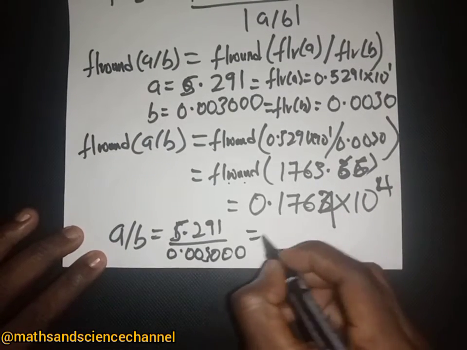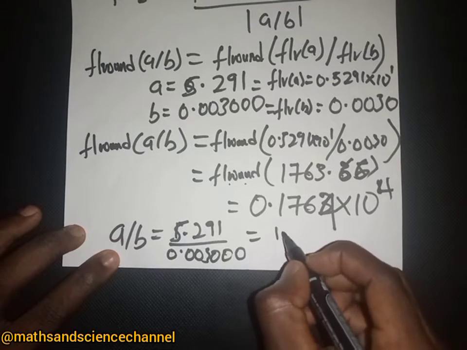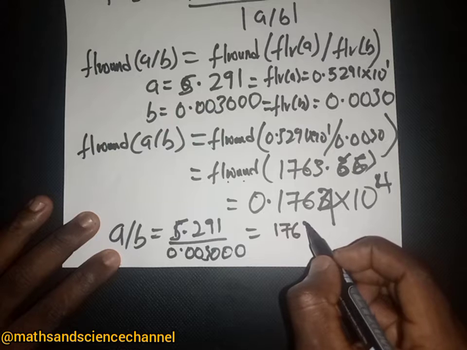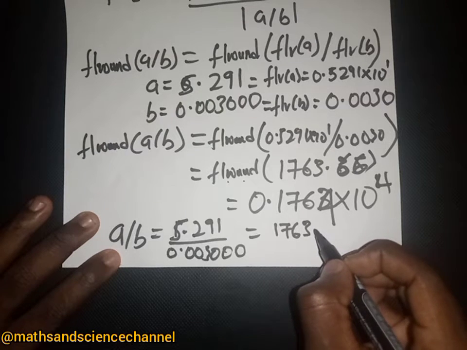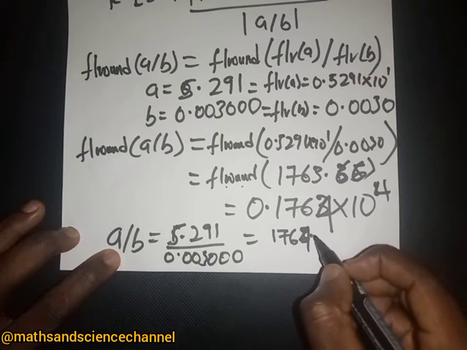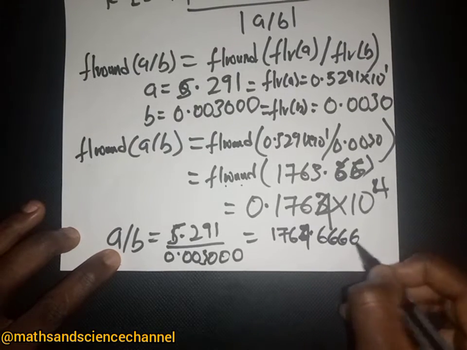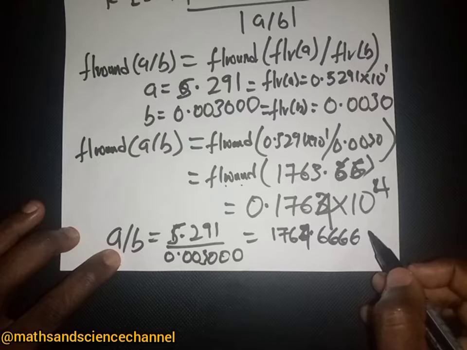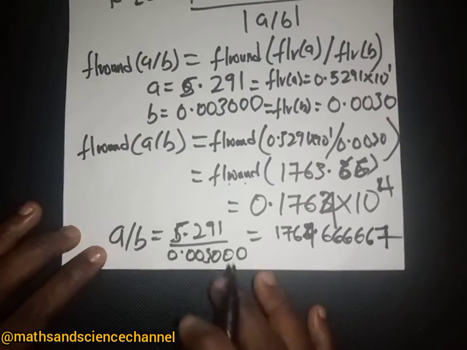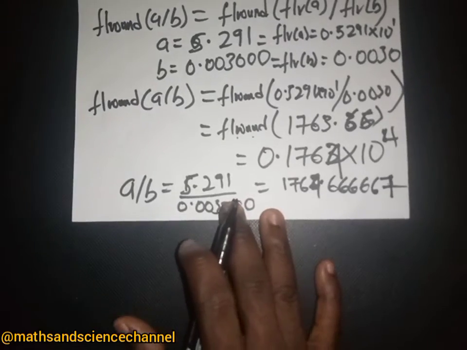When we compute this, we get 1763.6667, approximately 1764.66667. So this is what we have.